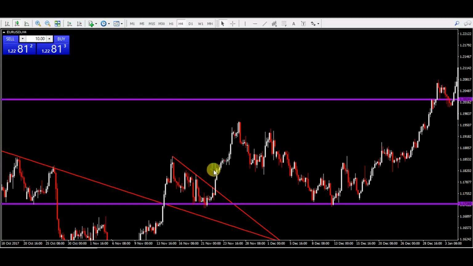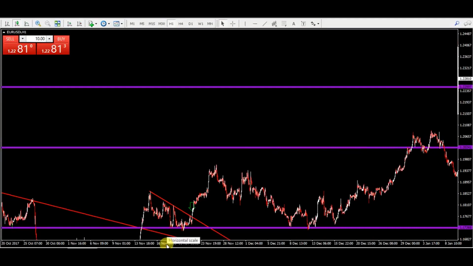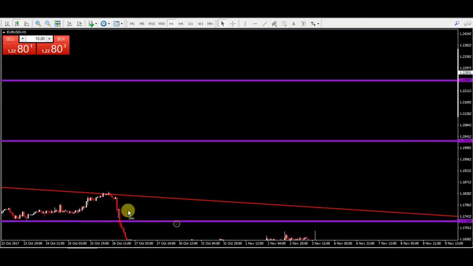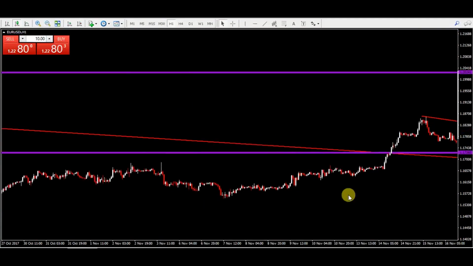We'll look to see what happened right at the tip of that arrow. So what I'm gonna do is drop down to a lower time frame when that happened. That 4-hour candle closure above happened right here.